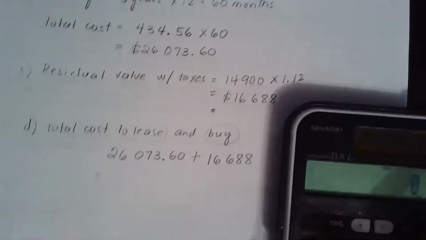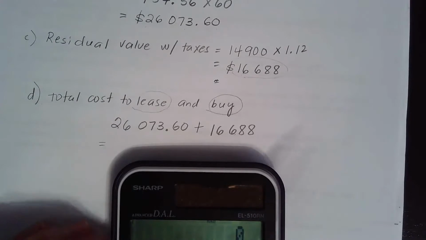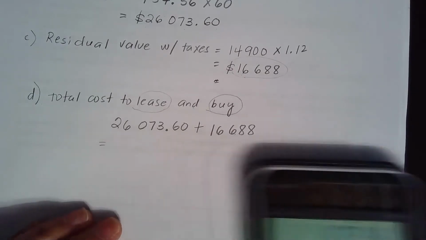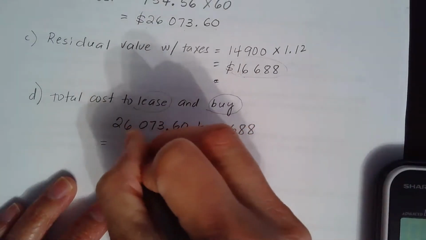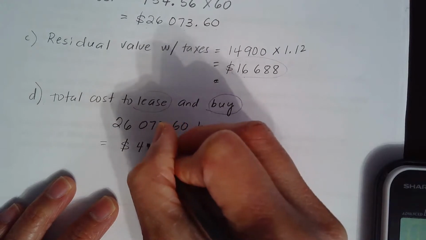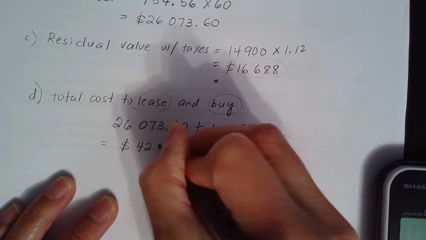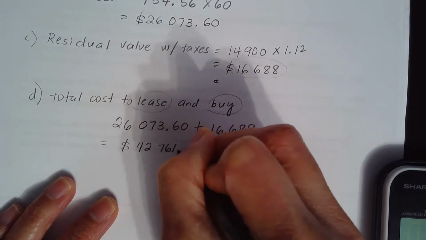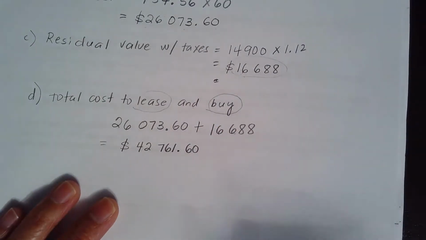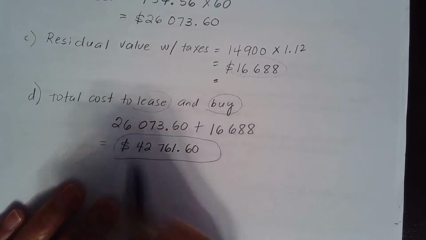So let's do the math there. 26,073 and 60 cents plus 16,688. So the final cost to lease it and then to buy it is $42,761.60. Okay, so that's the answer.